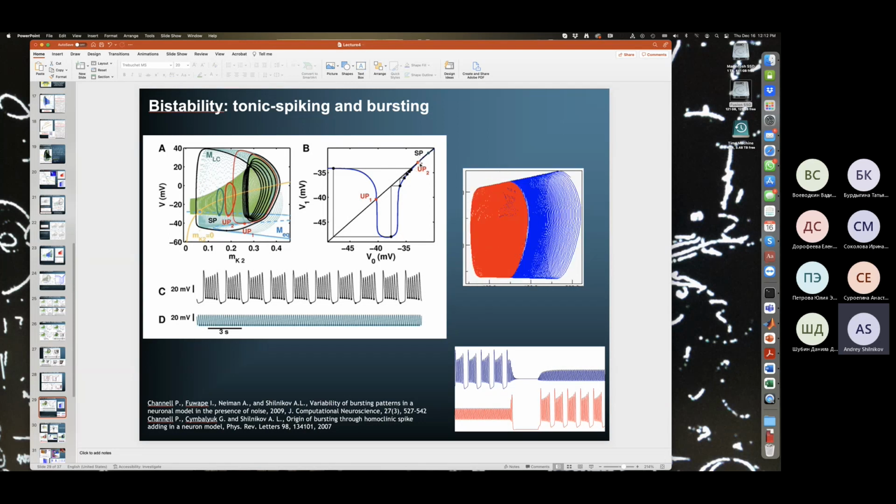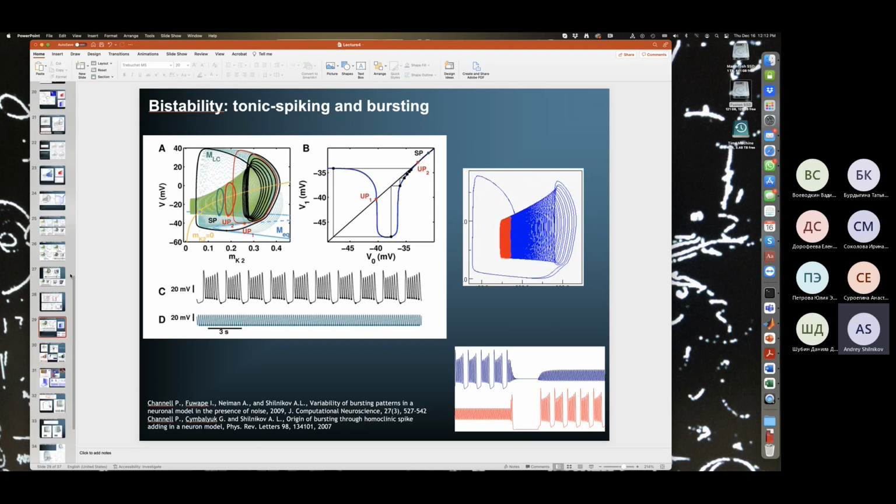And then this unstable fixed point, this one, bounds the attraction basin of this stable fixed point. So only trajectories that start on the left of this dark green orbit, or on the right of this red one, will converge to this attractor, right? Otherwise, you're going to get a bursting activity that has 7 spikes, if I'm not mistaken. So basically, that's how you use one-dimensional maps to explain bistability in a system.